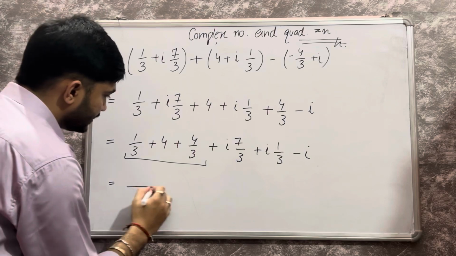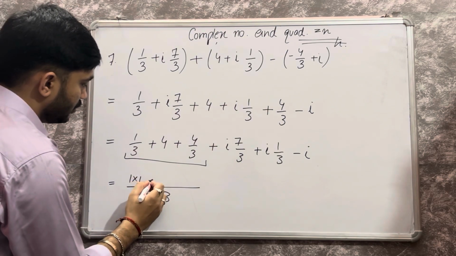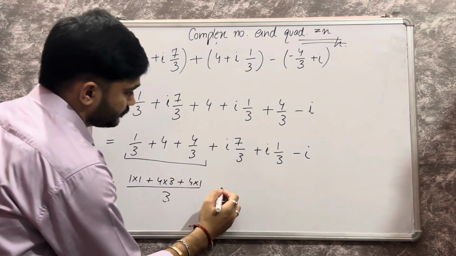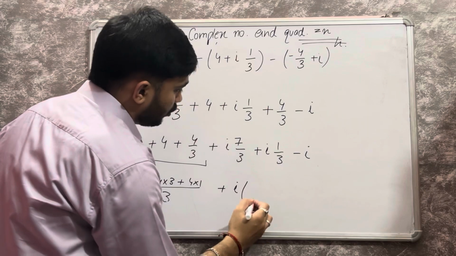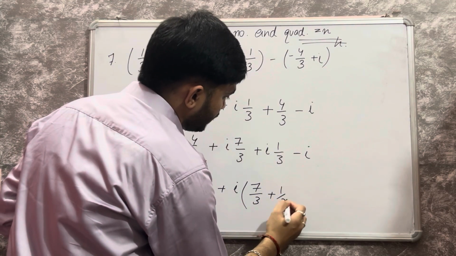How? The LCM of these numbers is 3. (1×1 + 4×3 + 4×1)/3 plus, taking i common, (7/3 + 1/3 − 1).